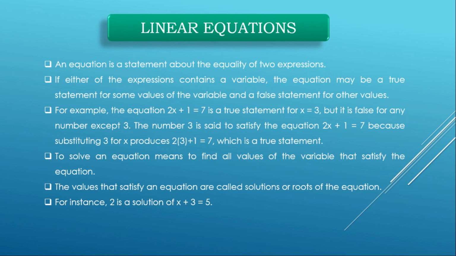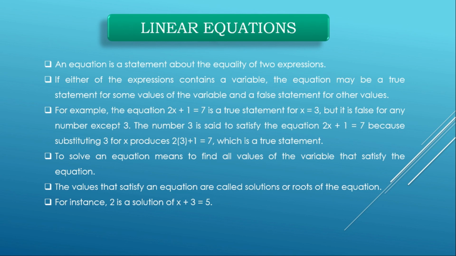If either of the expressions contains a variable, the equation may be a true statement for some values of the variable and a false statement for the other values. For example, the equation 2x plus 1 is equal to 7 is a true statement for x is equal to 3. But it is false for any other number except 3.